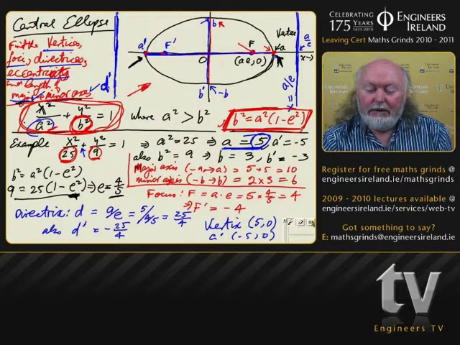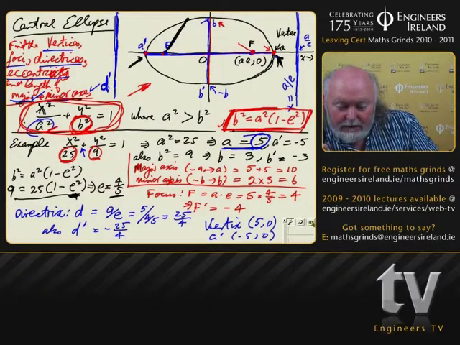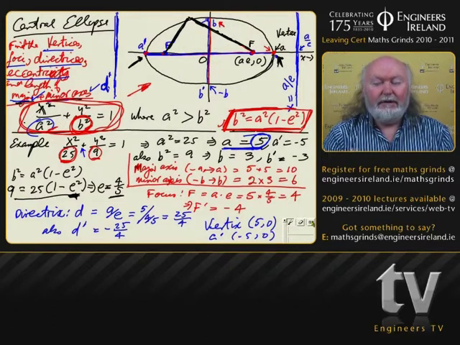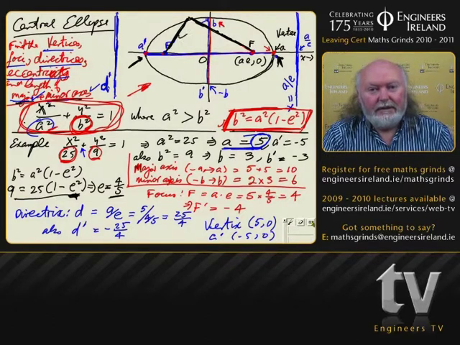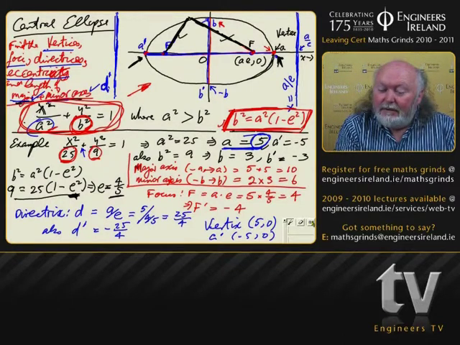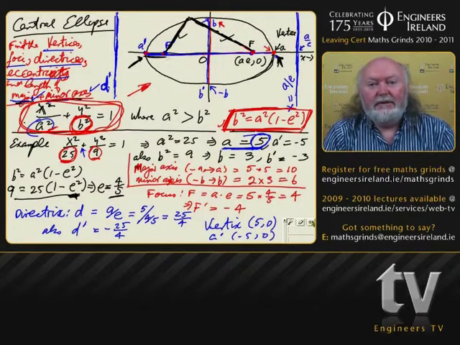If I pick any point on an ellipse and look at its distance to one of the foci, and also its distance to the other one, when I add those two lengths together, I find a constant. And that constant is equal to the major axis.